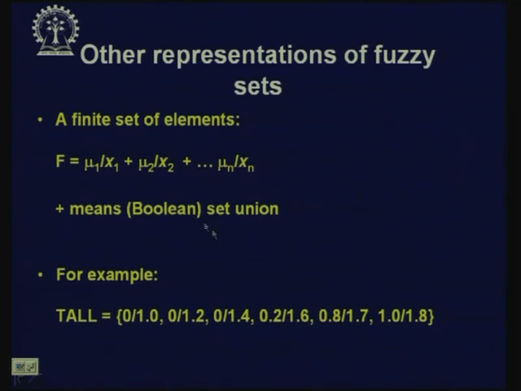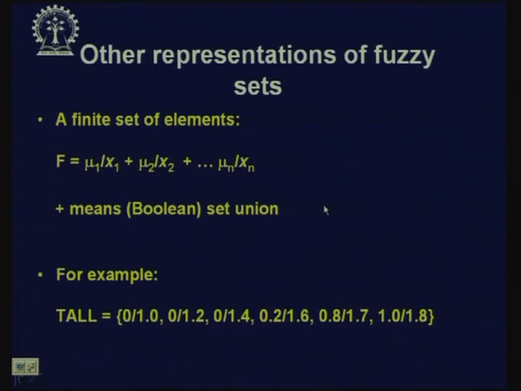Now, in some books you will find that this comma is replaced by this plus. Now, this plus is not addition, this means union. So, I am talking of a set where this element union this element union this element. So, all these things are together.